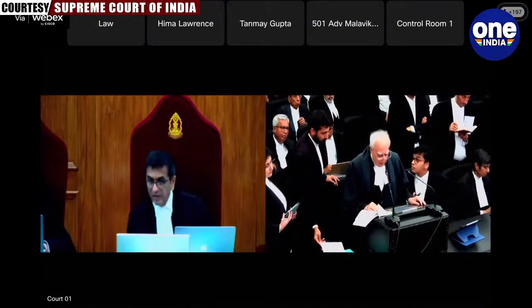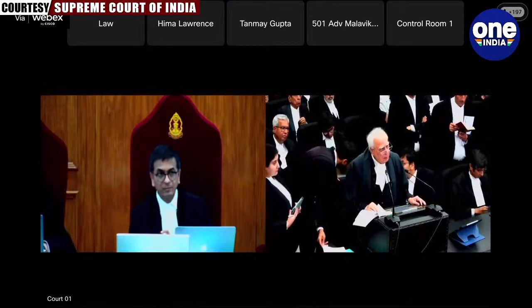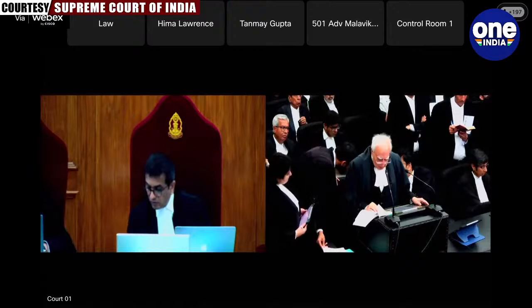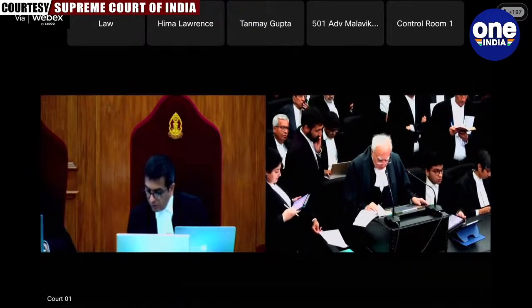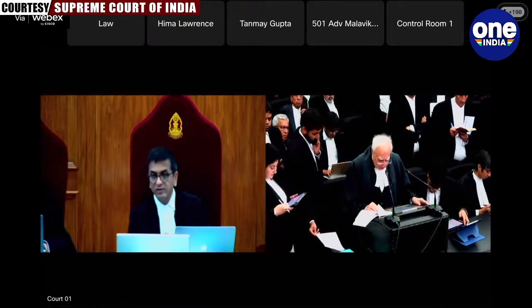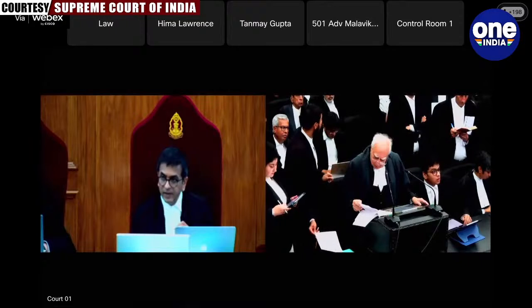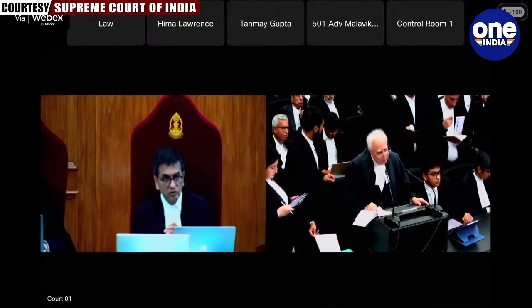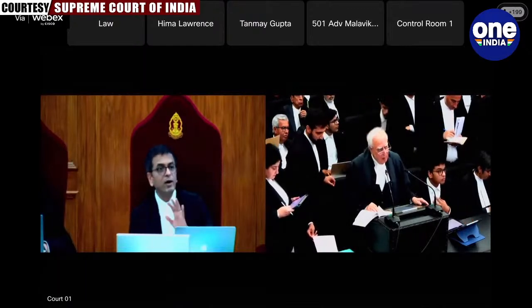Now, possibly the meaning which can be attributed to the proviso to D is this. D says, such of the other provisions of this constitution shall apply in relation to that state, subject to such exceptions and modifications as the president may make. So, where the president is making an exception or modification to another provision of the constitution, then the president has been given the power.